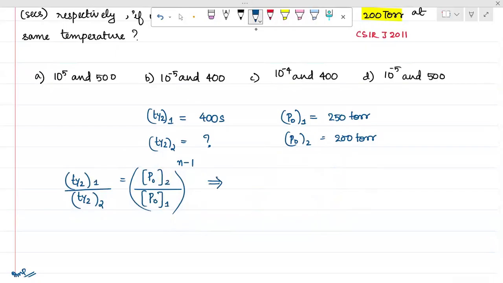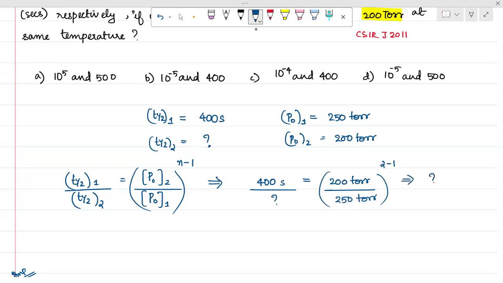So let's try the initial one. Let's say it's 400 seconds divided by the second half-life, which is unknown, equal to 200 torr divided by 250 torr raised to 2 minus 1. That's it. Now we need to rearrange and solve.